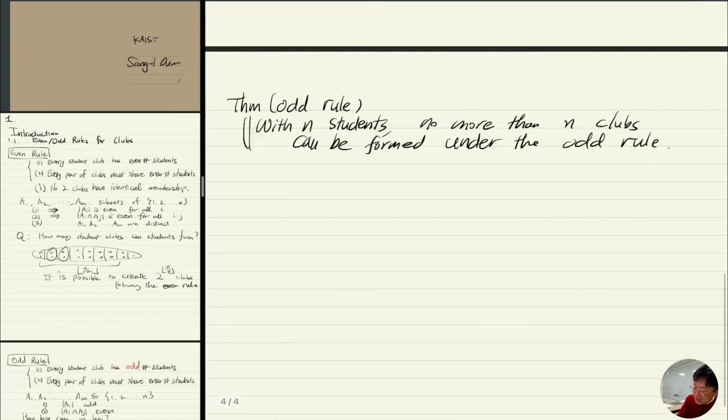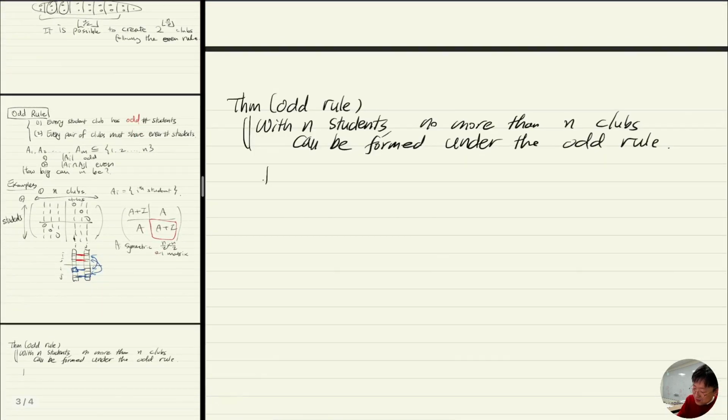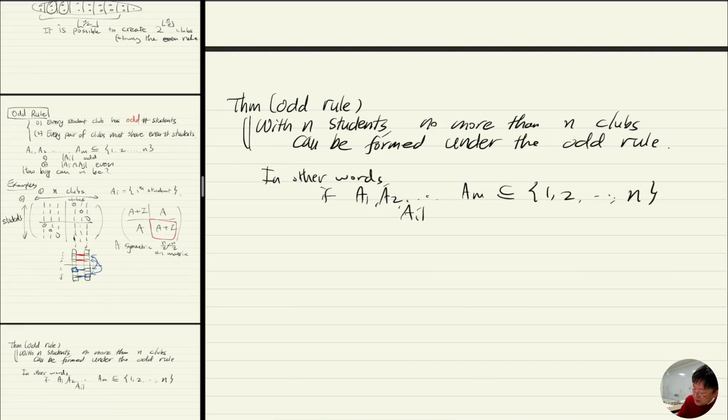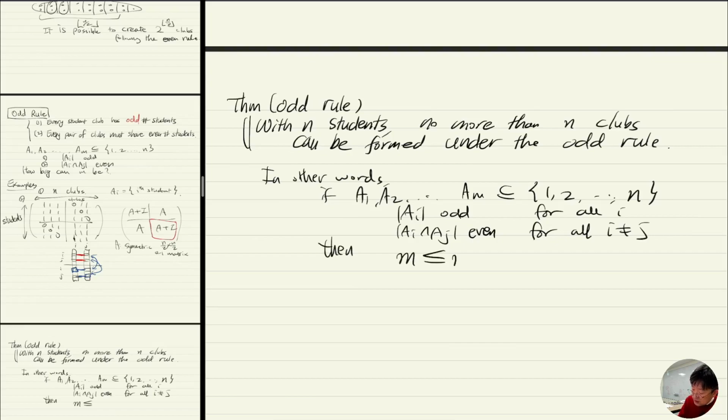Well, let me say in other words: if A1, A2, ..., Am are subsets of 1 up to n, and each Ai has odd size, and Ai intersection Aj is even for all i distinct from j, then the number of such sets is at most n.